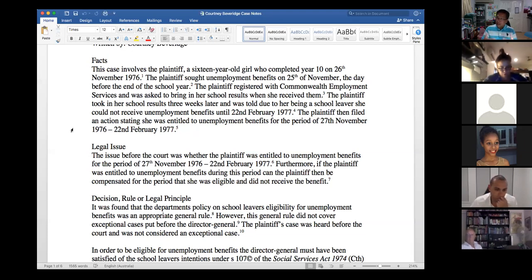Can you see how I articulated the legal issue there? I moved away from just the legal problem, but actually formulated legal issues there. And I'm going to show you how I did it by raising the example I have of my own case notes.